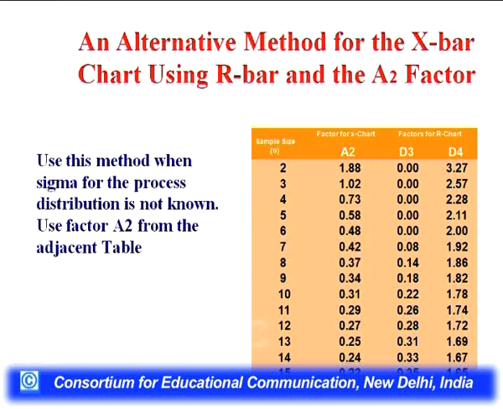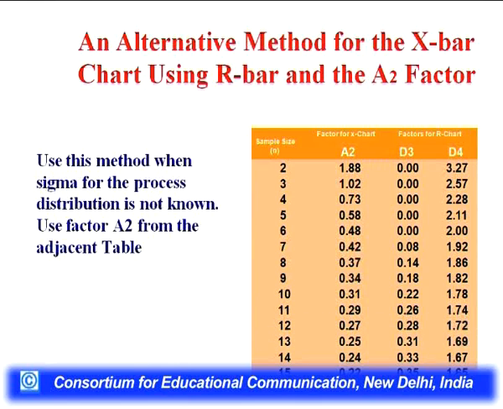An alternative method for the x bar chart uses r bar and the A2 factor. There are 2 charts available: x bar and r, where r is the range. In a sample, say for example a sample of 5 pieces, the mean is to be marked on the x bar chart and the range is to be marked on the r chart, and these 2 charts are to be seen simultaneously.